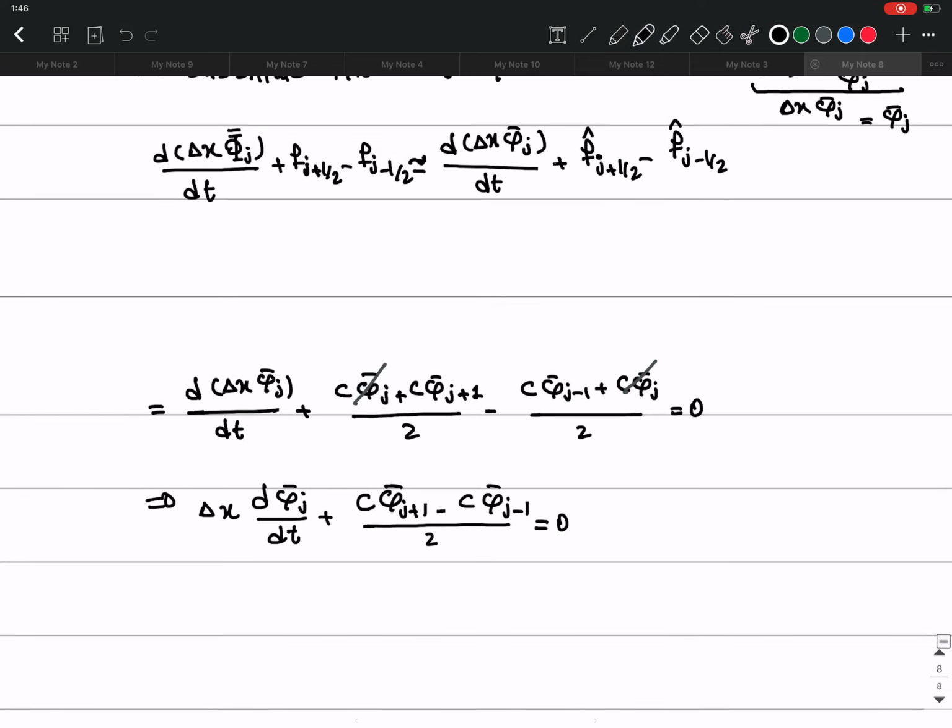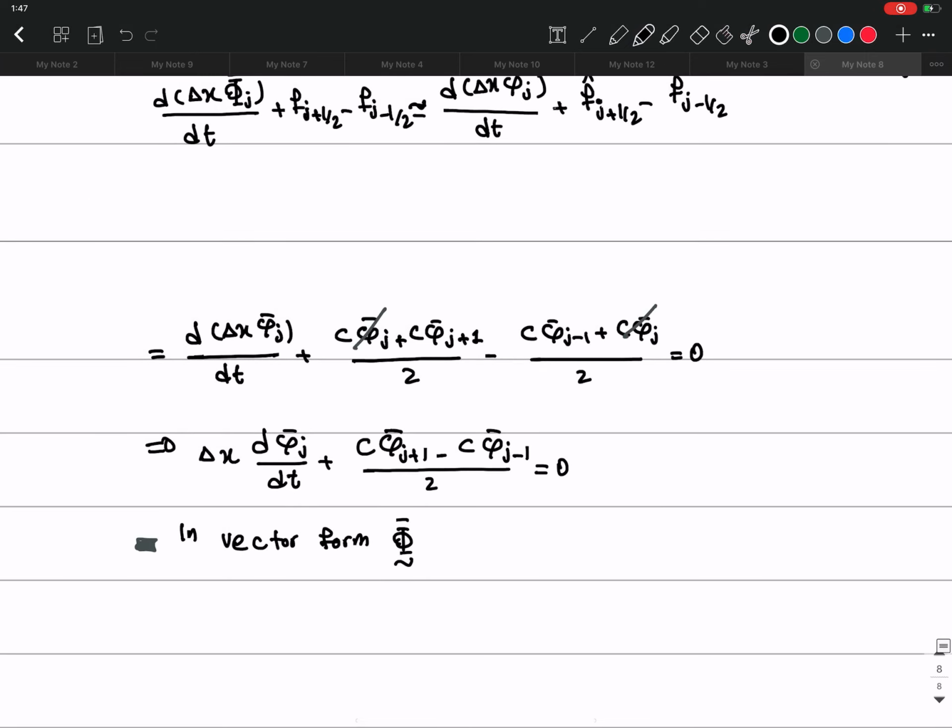And in vector form, of phi bar, and I show this like this, this is what we are going to have.